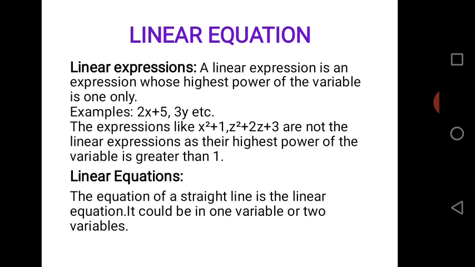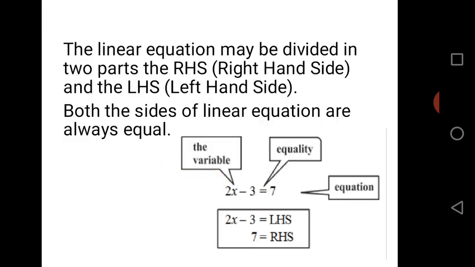Okay, next, linear equation. The equation of a straight line is the linear equation. It could be in one variable or two variables. Students, the linear equation may be divided in two parts: the RHS, meaning right hand side, and the LHS, left hand side.